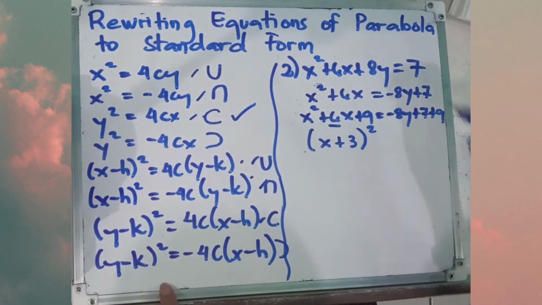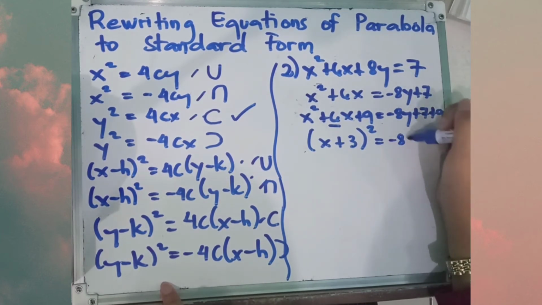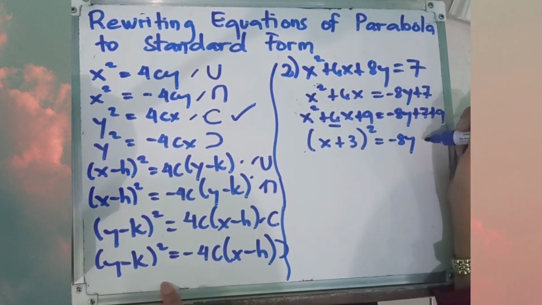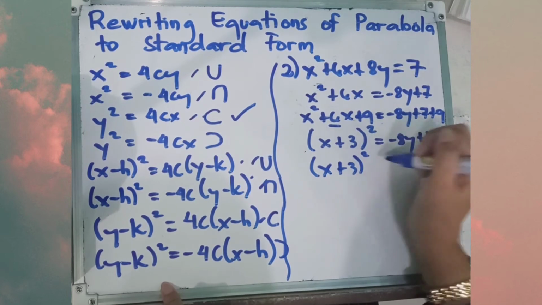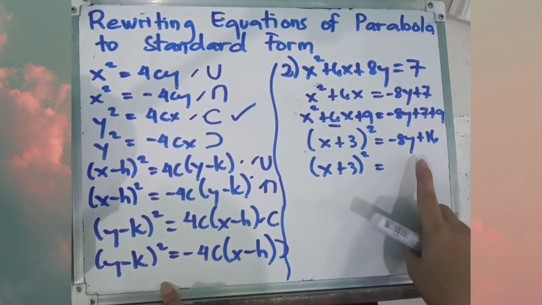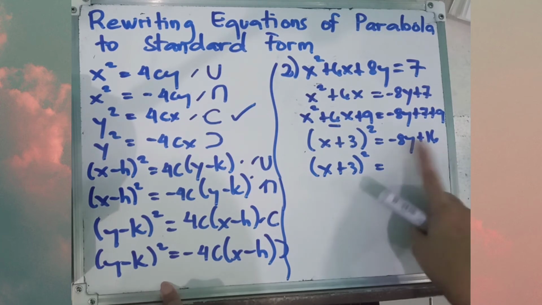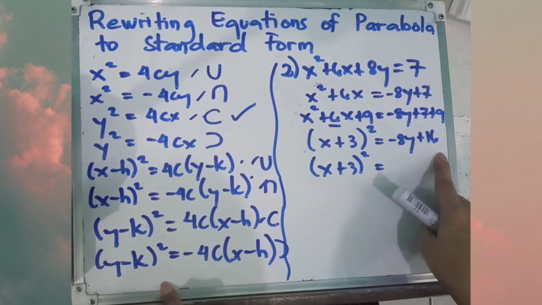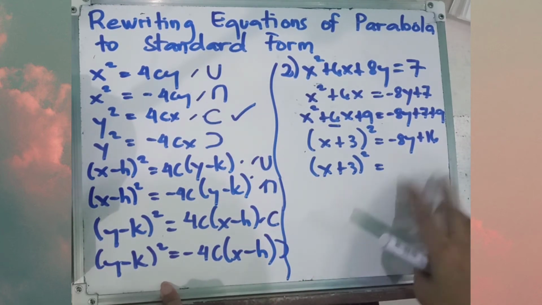Now we need to simplify also the right side of the equation. So that's negative 8y, 7 and 9, that is 16. We're not done yet. Copy the left side of the equation. If you take a look at this term and this term, they still have a common factor. We need to factor that out in order to simplify the equation.